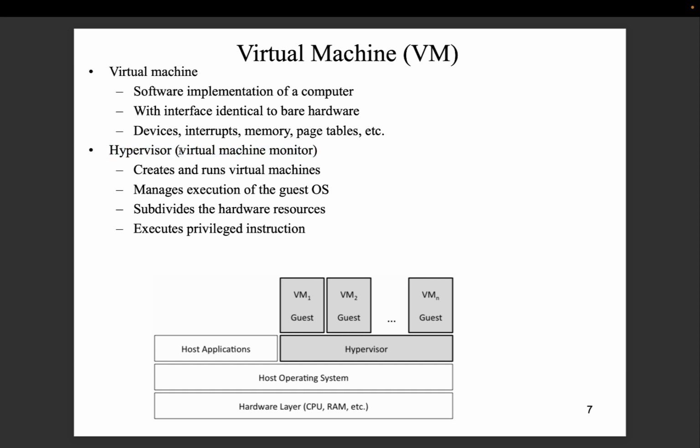So the hypervisor is the virtual machine monitor, right? It creates and runs virtual machines. It manages the execution of those guest operating systems. Remember, the guest operating systems are the operating systems running on top of the virtual machine. It subdivides the hardware resources.